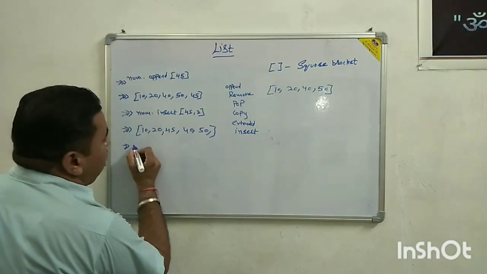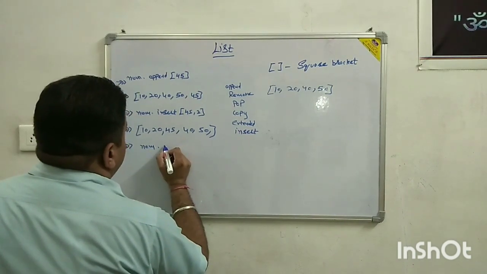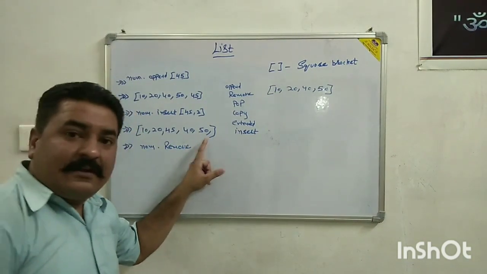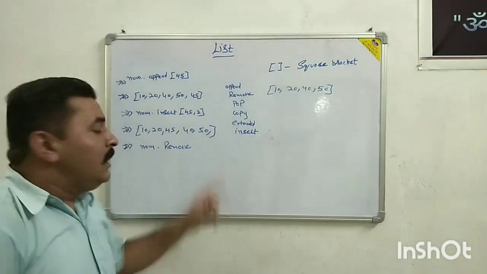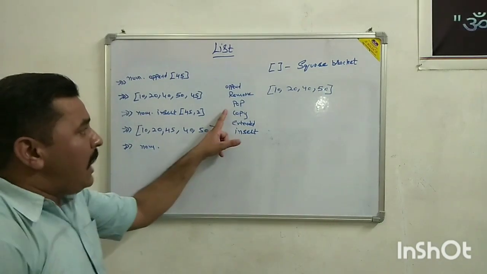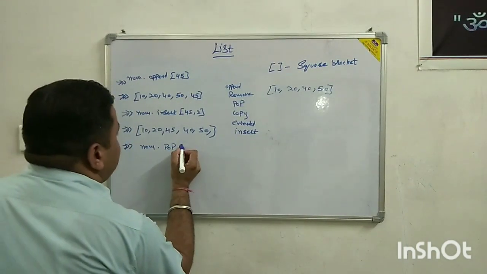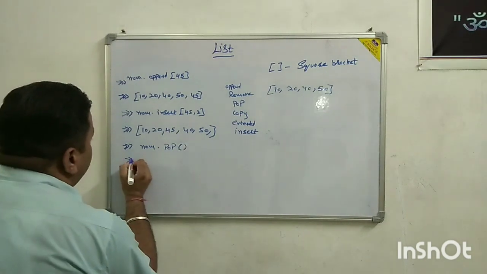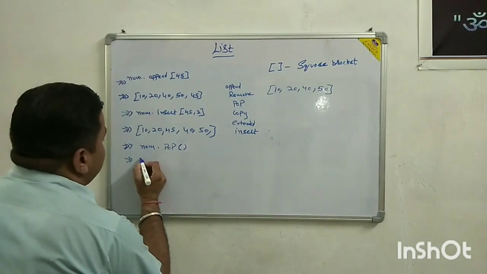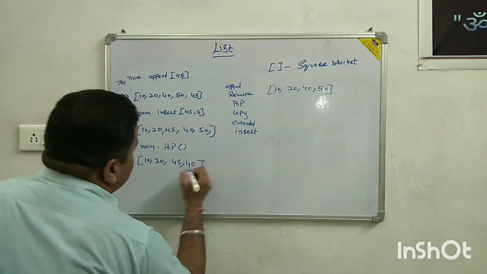So we came to the next option, remove. When we use num dot remove, it will remove the element. So this is also very easy. Instead of remove, if we use the function pop and do not give any value with pop, that means the last number is deleted from the list. So here comes 10, 20, 45, 40 and the last number is deleted.